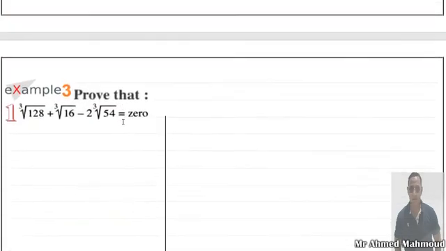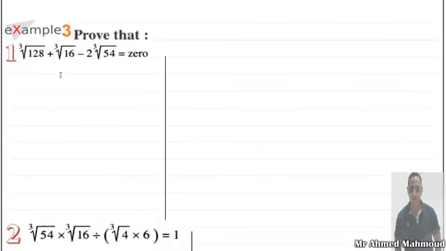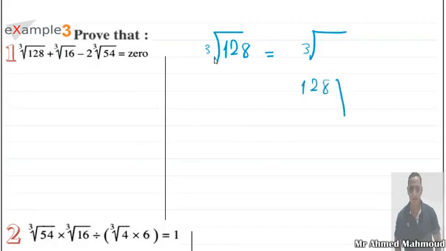The next example. Prove that cubic root 128 plus cubic root 16 plus 2 cubic root 54 equals 0. Okay. First, cubic root 128. I'm going to write the cubic root like this, and 128 divided by 2 equals 64. Divide by 2, 32.